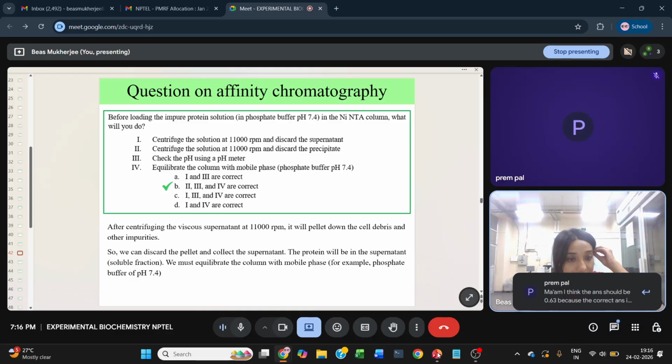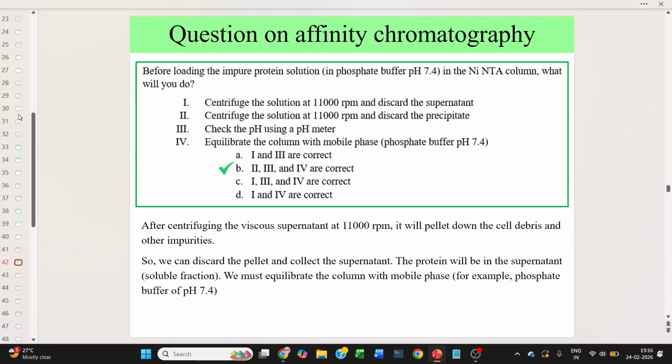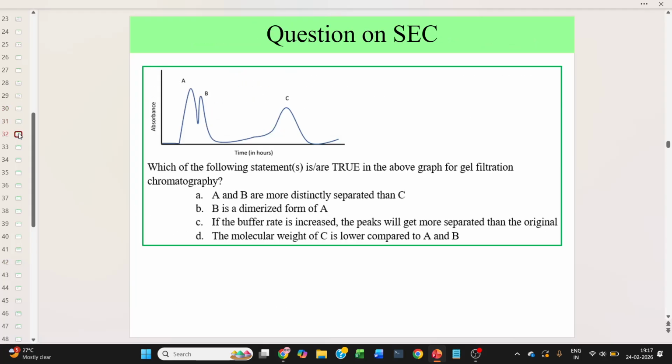I think the answer should be 0.63 because the correct answer is 0.56 and it is closest to 0.60. Correct me if I'm wrong. Okay, sure. I'll look at this question then. Which question is this? Let's go back and check once. Okay, then I can confirm and tell you.